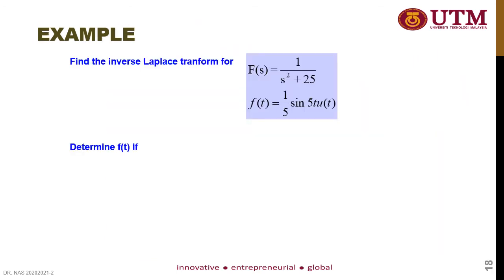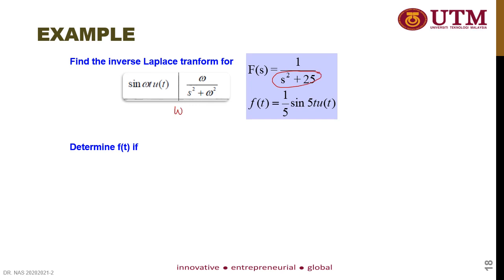Okay, let's look at another two examples in inverse Laplace transform. Again, you need to modify the equation a bit to suit the equation you have from the table. From the table, when you look at the denominator, you know s squared plus omega squared.